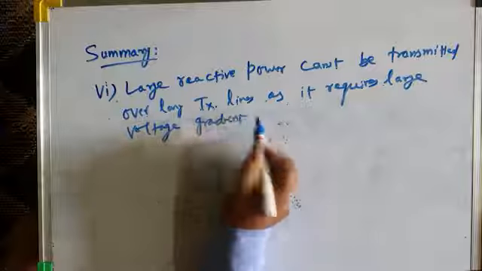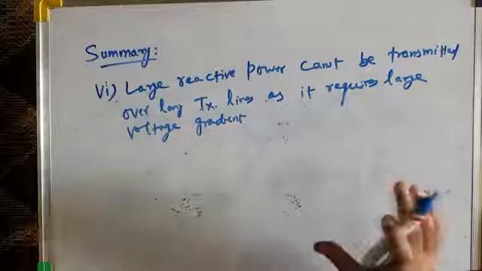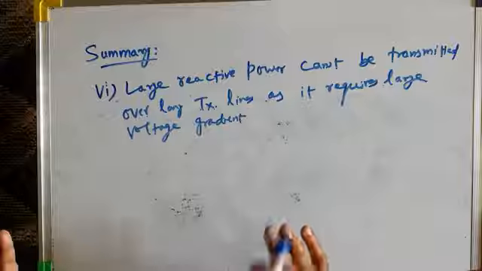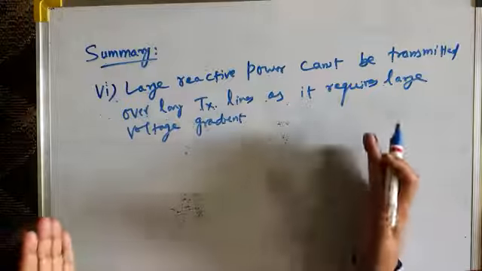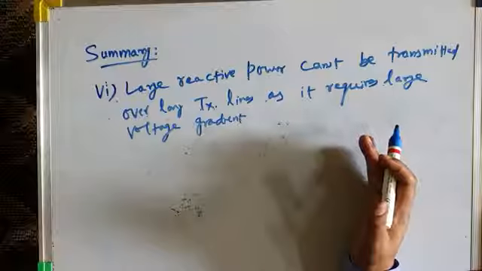Just a few moments back you have seen that when reactive power flows over the line, generally it is lagging reactive power, it causes voltage drop. The receiving end voltage is less than sending end voltage always.